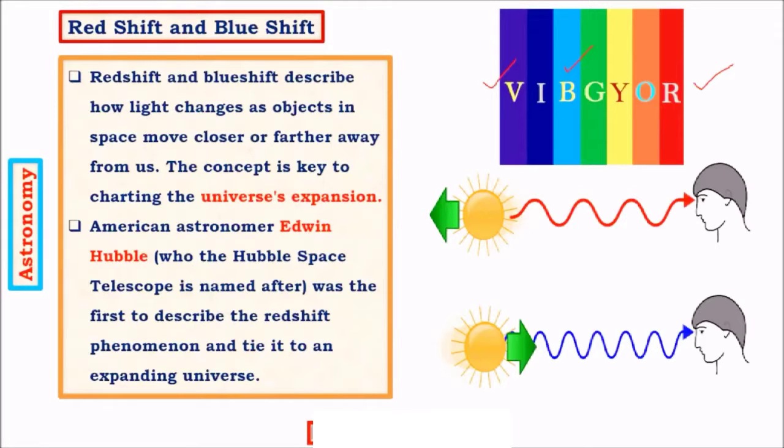This basic concept is important in explaining the expansion of the universe. A star which appeared blue for a certain time suddenly starts shifting towards red, which simply means that it is moving away from the observer. And Edwin Hubble is the scientist who first explained this theory of blue shift and red shift.